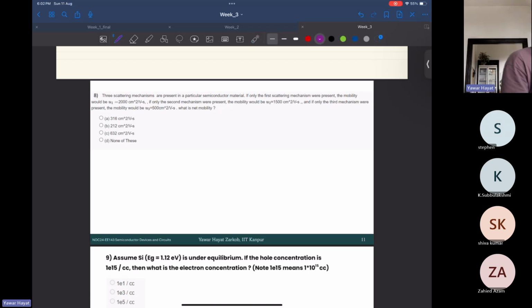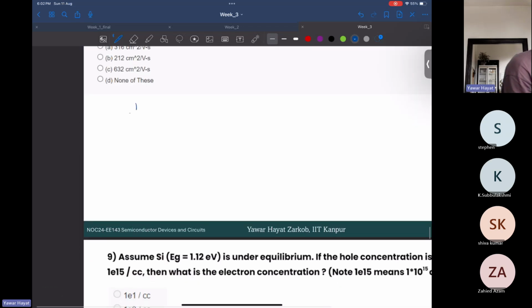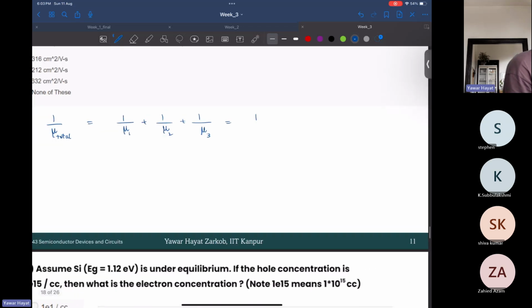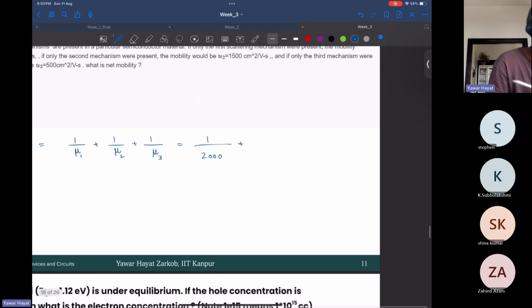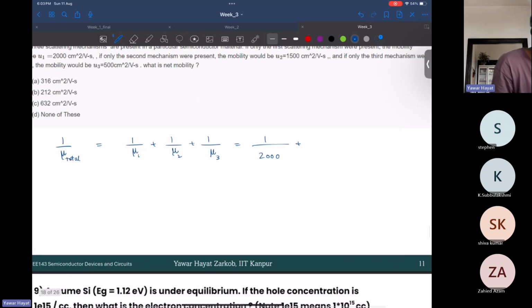You would simply use Matthiessen's rule, that 1 by mu total is equal to 1 by mu1 plus 1 by mu2 plus 1 by mu3. So which is 1 by 2000. Let's express this throughout in centimeter square per volt second units, because we need to express the final mobility in centimeter square per volt second only.